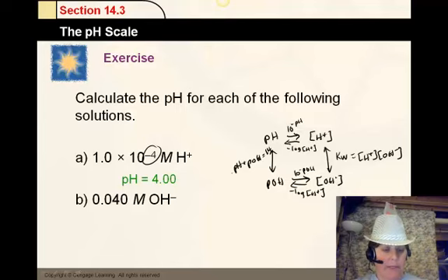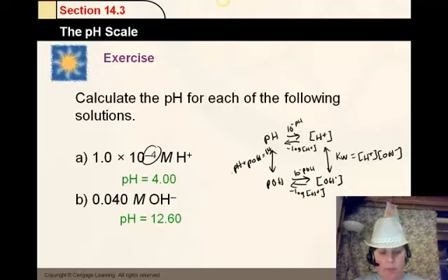I only need, actually, 2 sig figs here, about 1.40. Then what I can do is I can say 14 minus 1.397, and I get about 12.6. So let's see what they say the pH is. Yep, exactly. So this is probably the easiest way to do this particular problem.